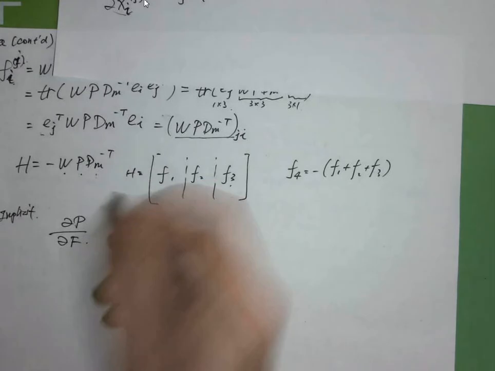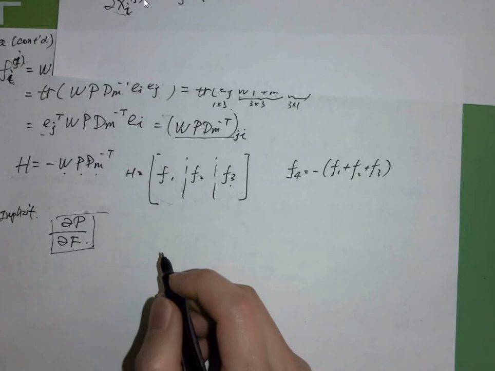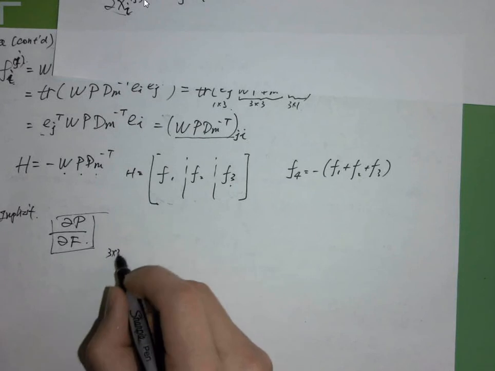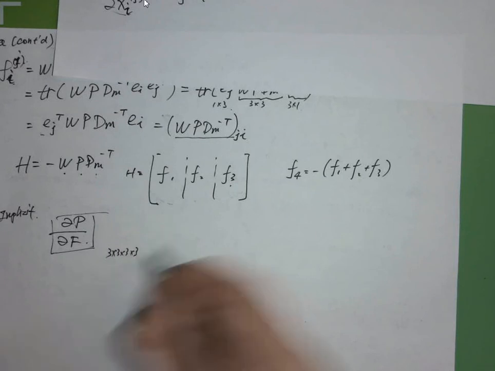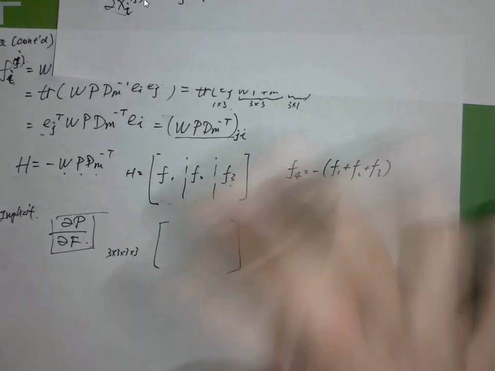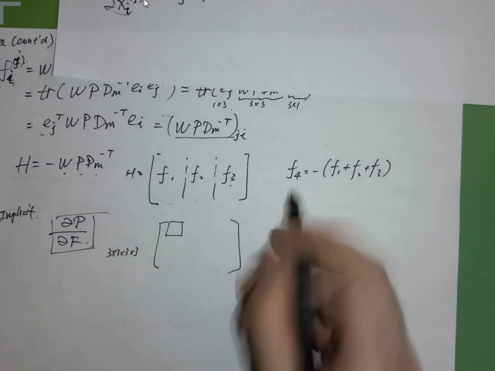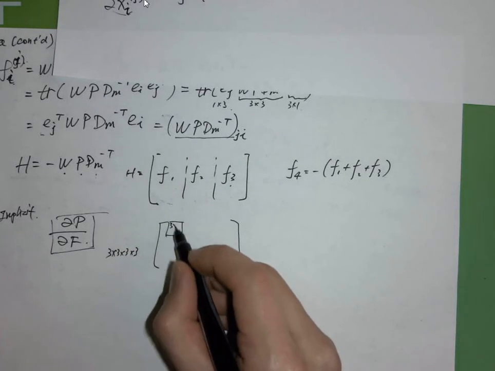This one is actually a four-dimensional matrix. You can think of it as a 3 by 3 by 3 by 3 matrix. If I want to flatten it down and write it on paper, it's a 3 by 3 matrix, but each block is another 3 by 3 matrix.